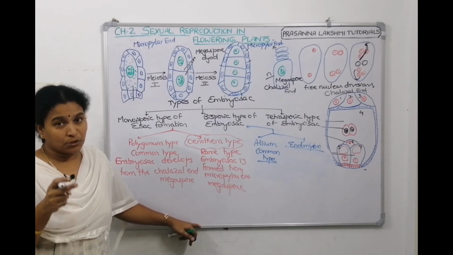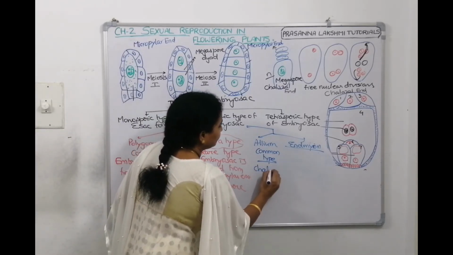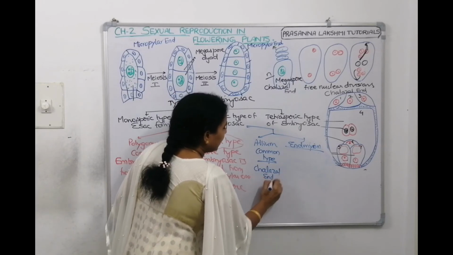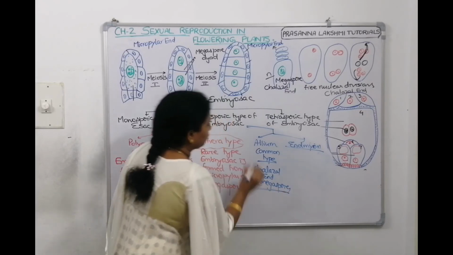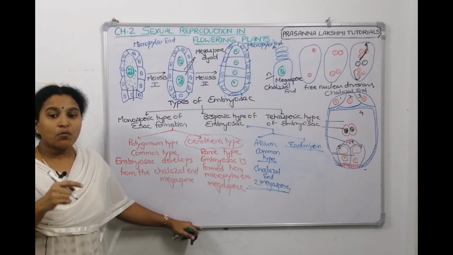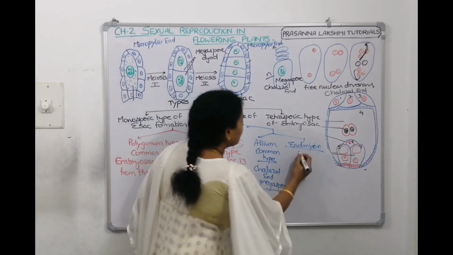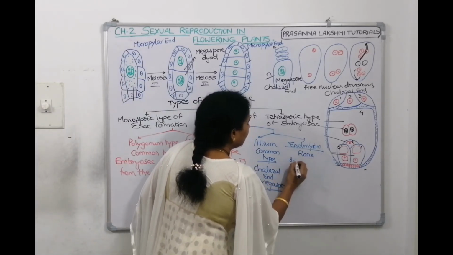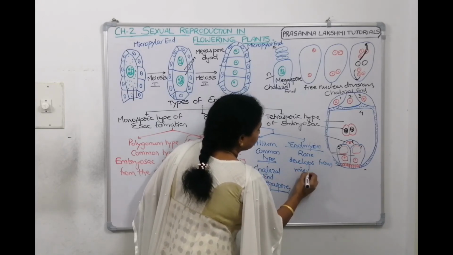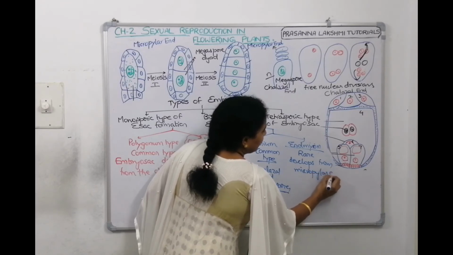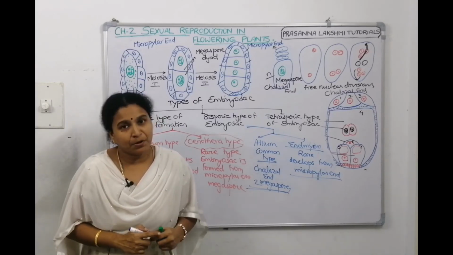It means the 2 megaspores which are there are towards the chalazal end. So it develops from the chalazal end megaspores. How many megaspores? 2 megaspores, right? That's called the Allium type. And what is the other one? Endymion type develops from the micropylar end. So this is a rare one. The embryo sac develops from the micropylar end. Then we are calling it the bisporic type of embryo sac formation.